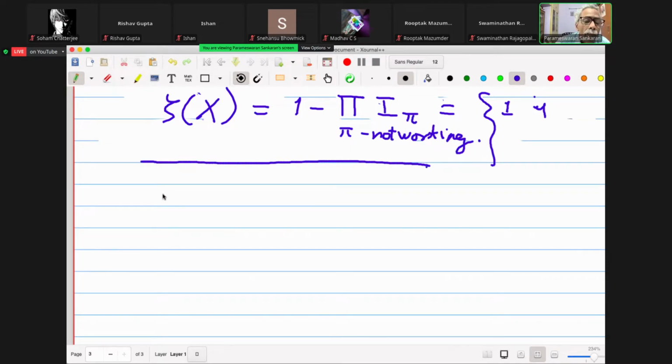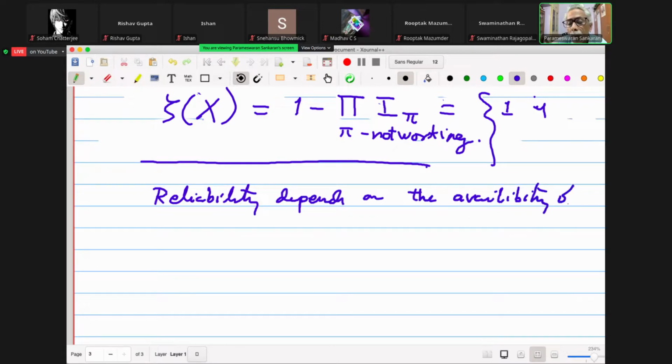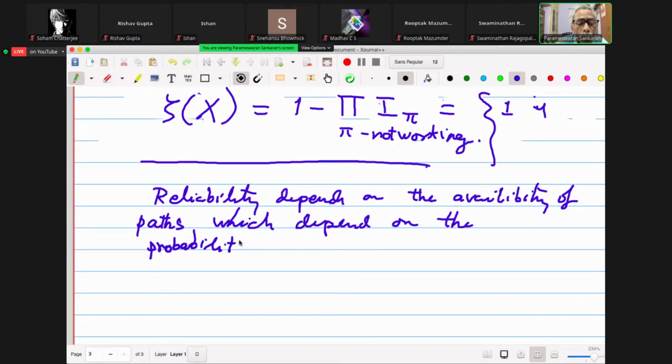So you see, reliability depends on the possible availability of paths, which depend on the probabilities for each edge working.